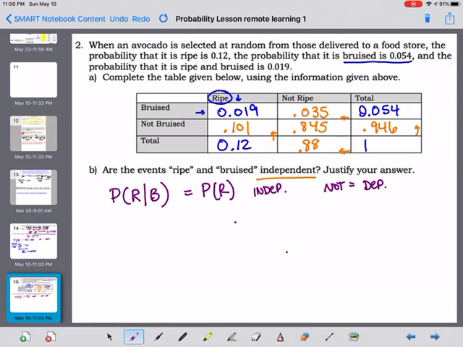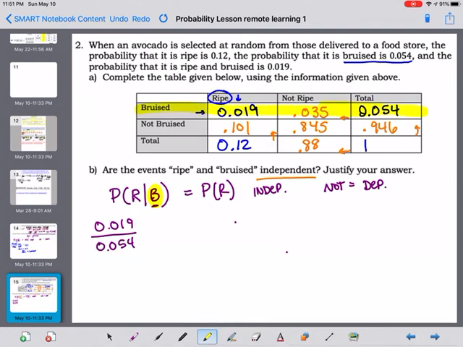So let's work it out now. The probability that it's ripe given that it's bruised. So again, there's two ways to do this. We can find ripe and bruised, which is 0.019 divided by the probability of bruised, which is 0.054.